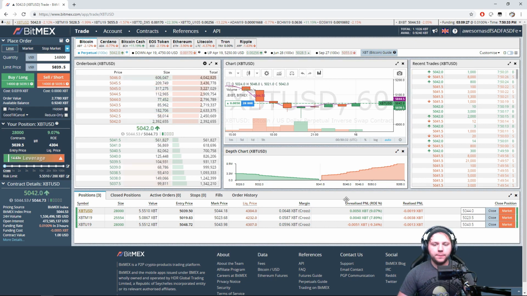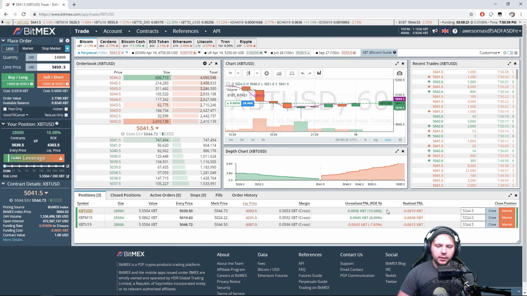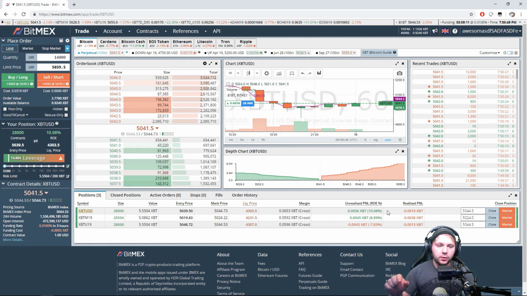So this is very, very important because when I started on this platform, I used to close positions based on the return on equity value I see here without hovering over it. So as you can see, if I close this position right now, according to mark price, I would get 0.0056.